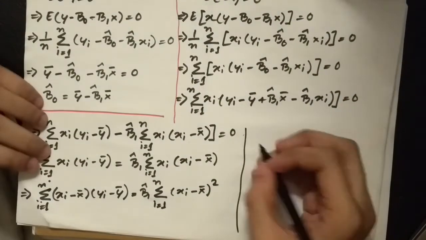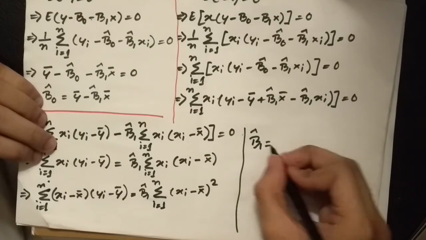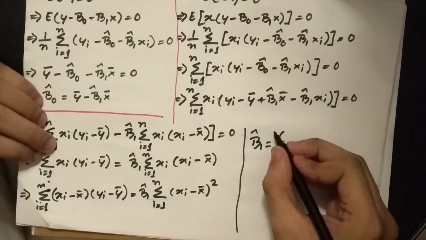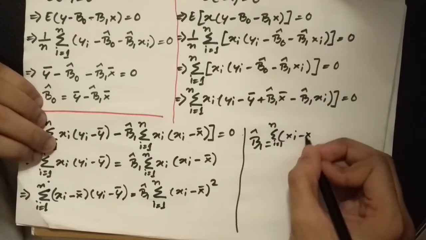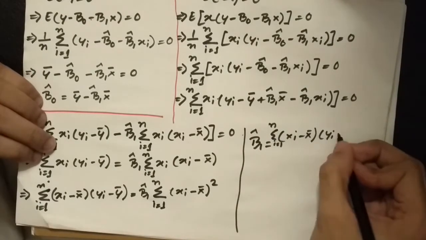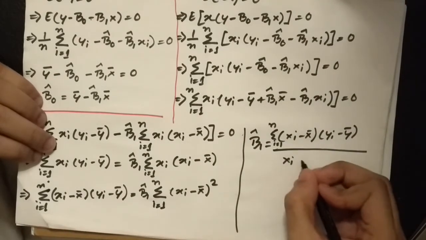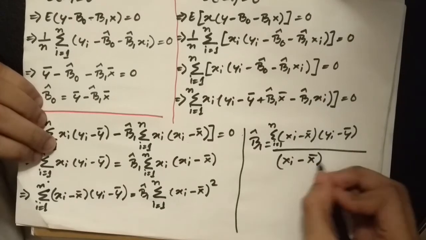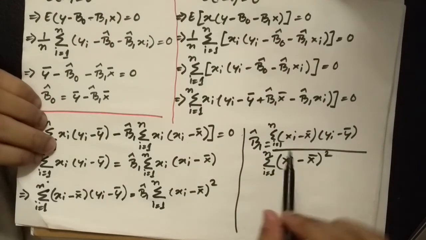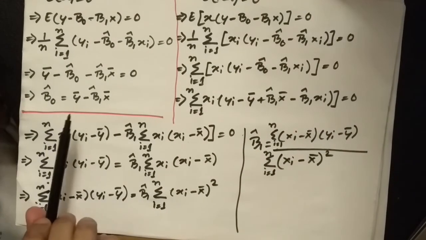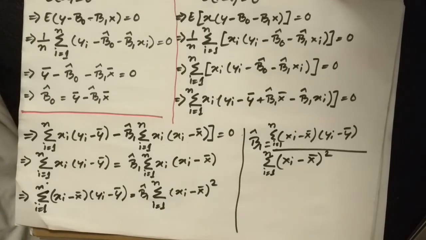We can write beta 1 hat is equal to summation of i equals 1 to n (xi minus x bar)(yi minus y bar) divided by (xi minus x bar) whole square, and there will be a summation operator at the beginning. So this is the value of beta 1 hat, and this is the value of beta naught hat, and thus we have derived the OLS estimators.